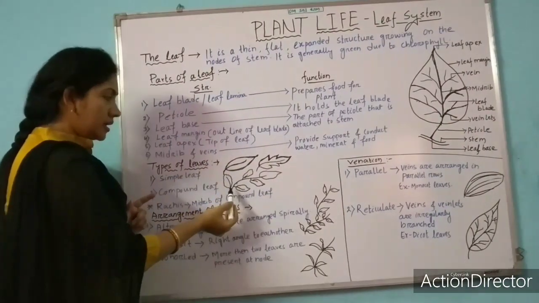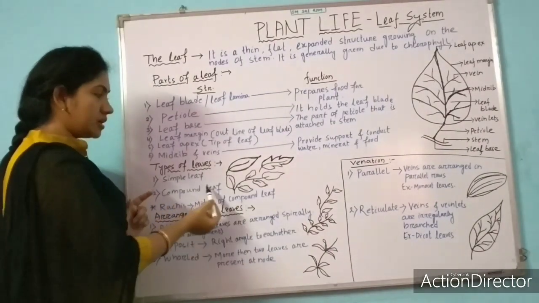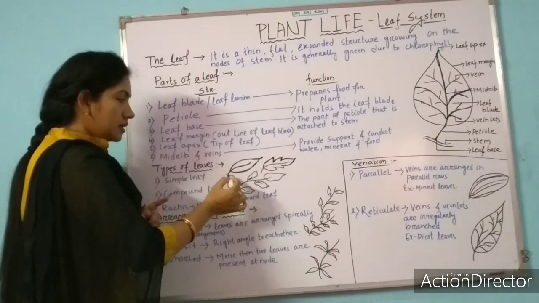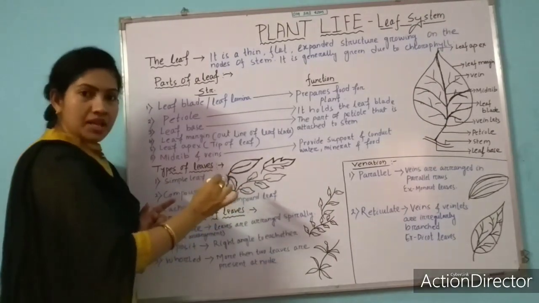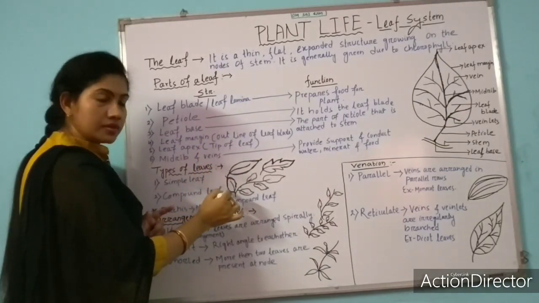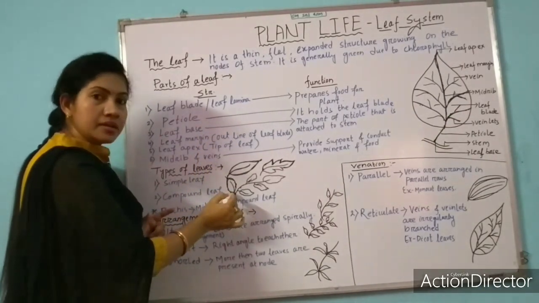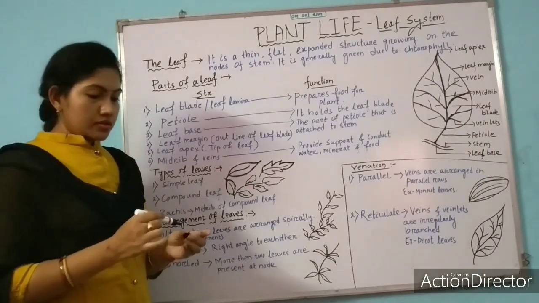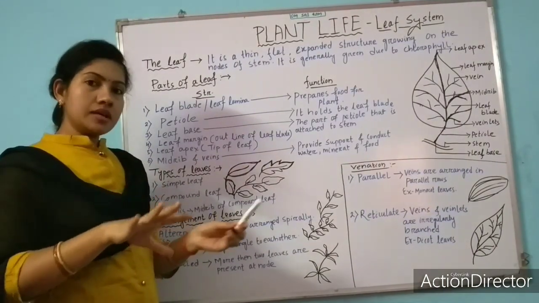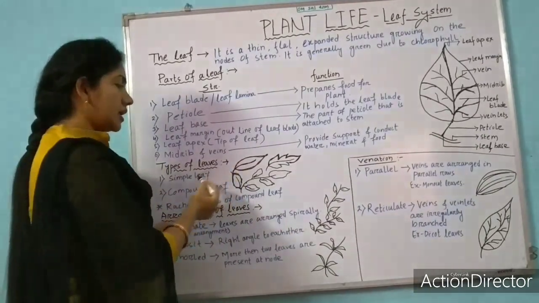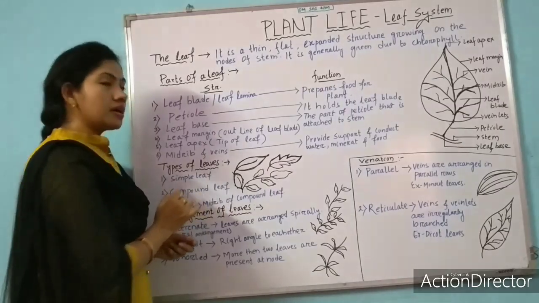But here in this leaf you can see the compound leaf, the leaf lamina or the leaf margin touches the midrib, so that a number of leaflets are produced. Don't worry, at the end I will show you the types of leaves again, and there you can get it clearly. Again I am repeating, simple leaf and compound leaf.